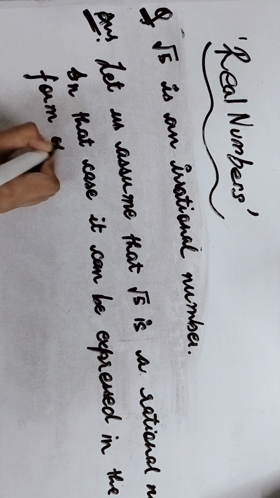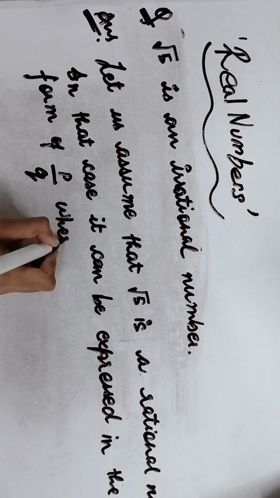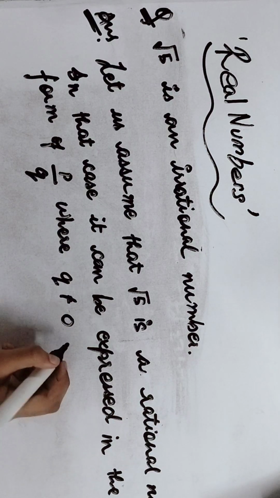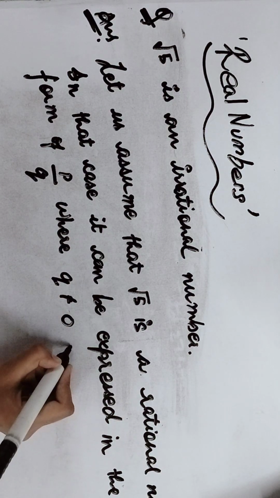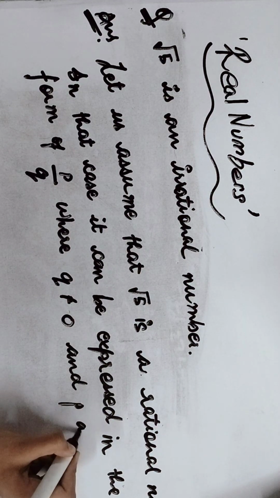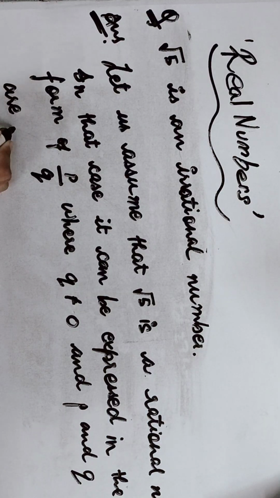That is called co-prime integers, like 8 and 9, whereas 6 and 9 are not co-prime because there is a common 3. Write that p and q are co-prime integers.